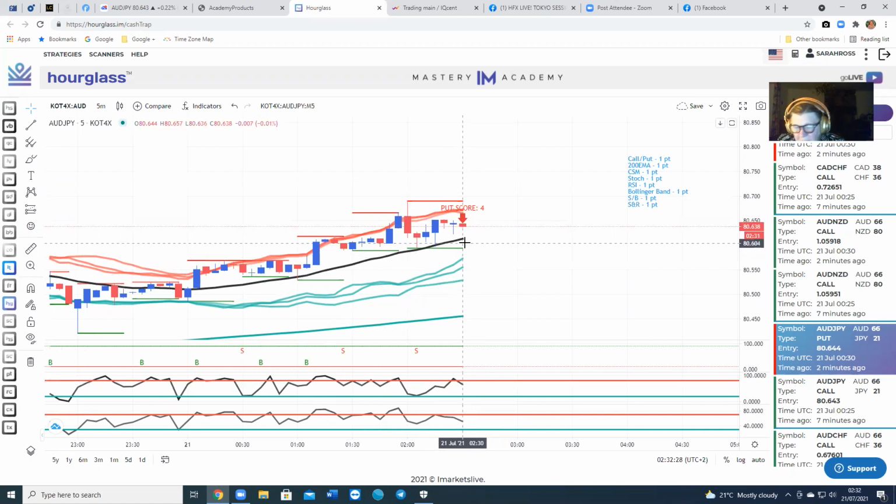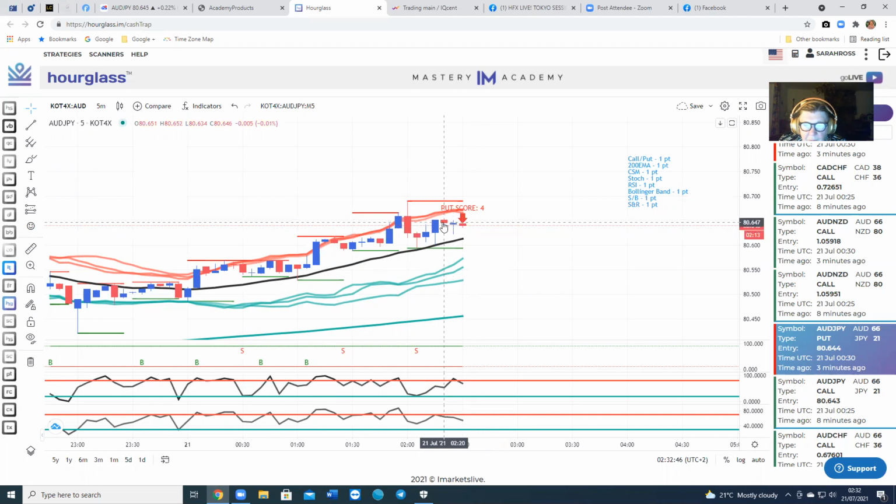So we'll see what happens on the 35. Normally, if I've missed a trade on the 30-minute, I will then look for 45. But you don't want to be taking these trades.